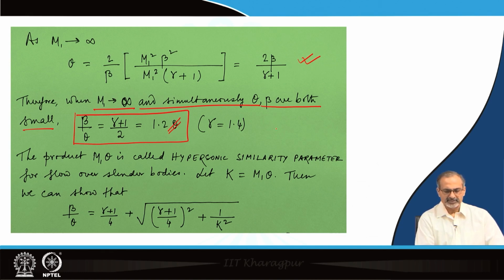There should not be a theta over here, that is a mistake. So, what it basically means is beta is equal to 1.2 times theta, which means that the wave angle is barely 20% more than the compression angle itself.